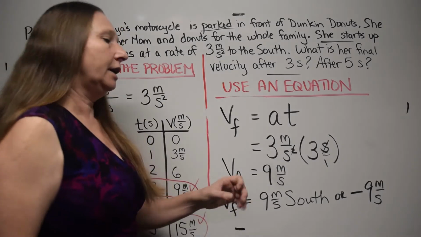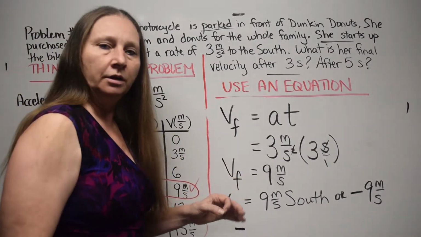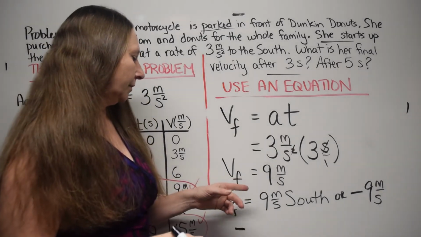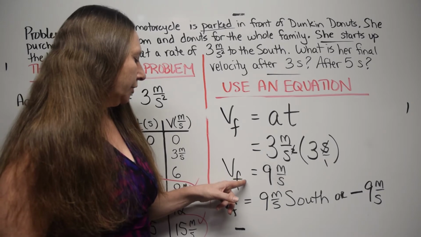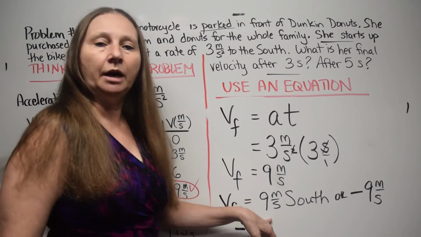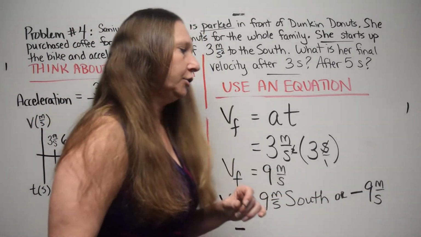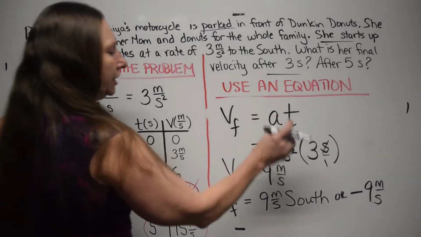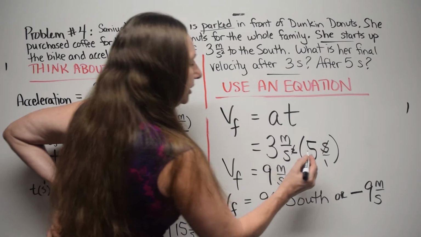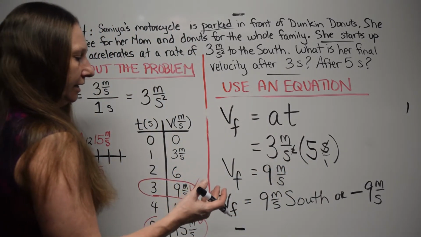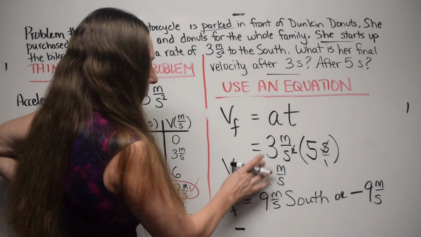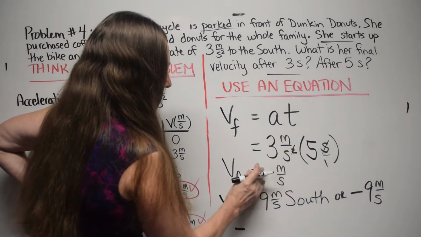Again, because you're only going in one direction, you're not slowing down, you're not changing direction, there's nothing crazy going on here. Straight line. Your final speed is 9 meters per second. Your final velocity would be 9 meters per second south or negative 9 meters per second. Now, the second problem, if you accelerated for 5 seconds, you would be going faster. Instead of 9, it's going to come out to 15. So what you would have here is 3 times 5.